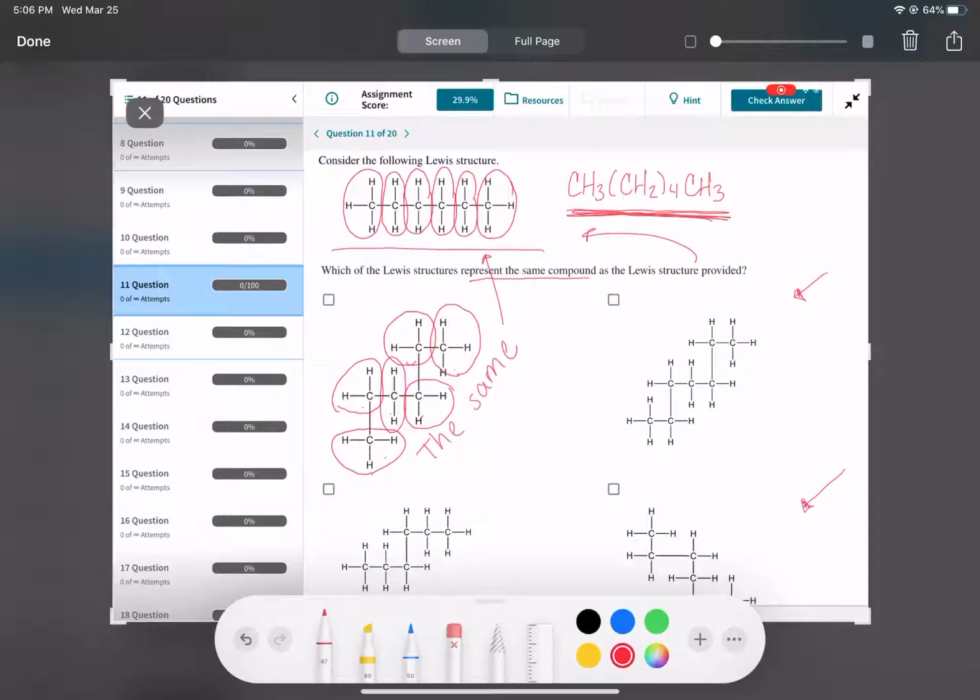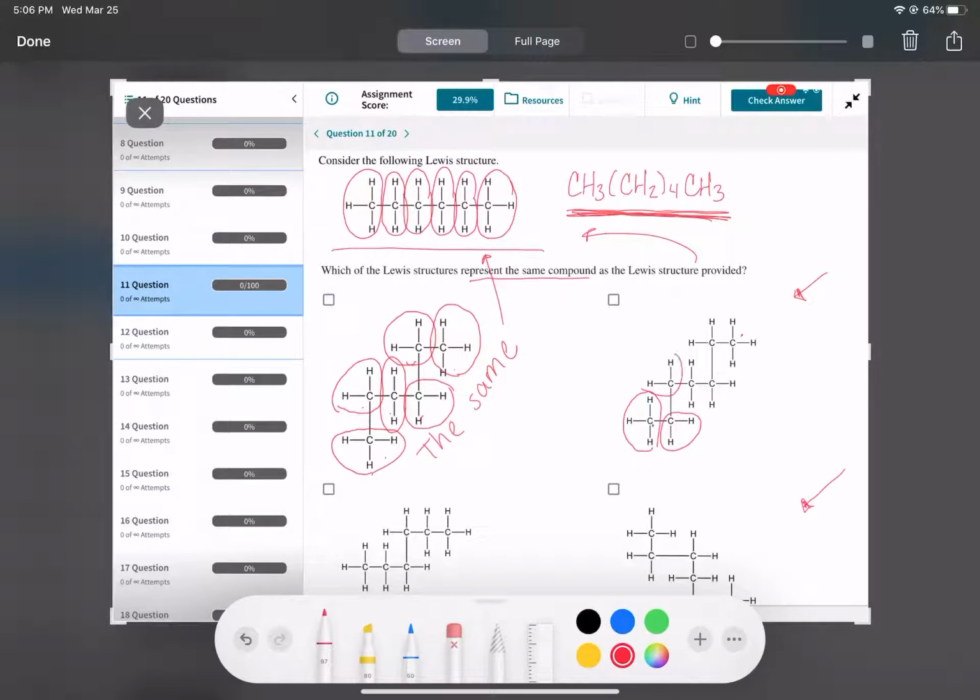Let's try that again with the next one. You can pick any end of the carbon chain. You could start down here, you could start up here. I always kind of like to go left to right. So this one has got a CH3 followed by a CH2. Doesn't matter how those hydrogens are pointing.